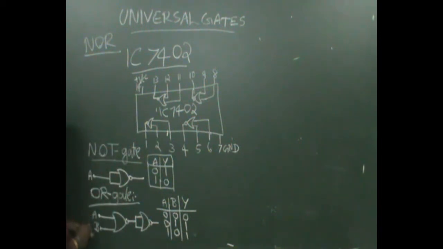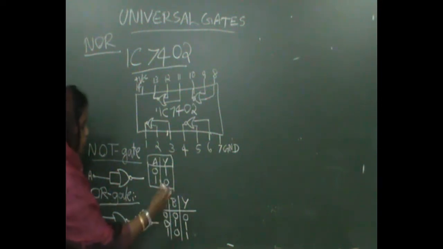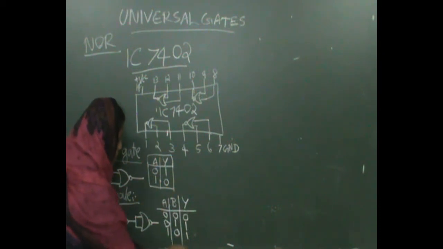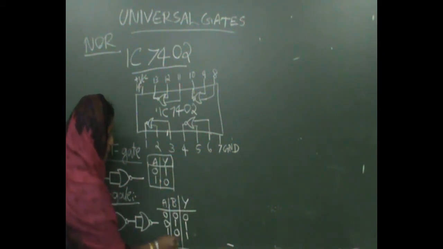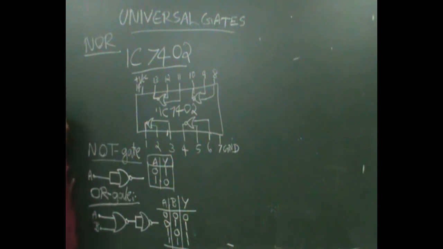Now if you have both 1, 1 NOR 1 means 1 OR 1 is 1, you invert it, so you get 0. That 0 is inverted again, so you get high, or 1. So you have low, high, high, high. This is the truth table of the OR gate.